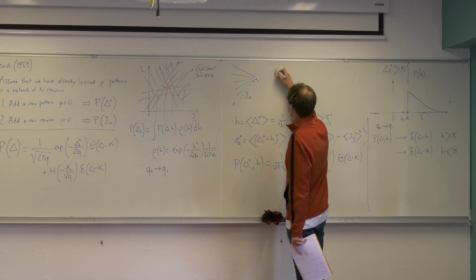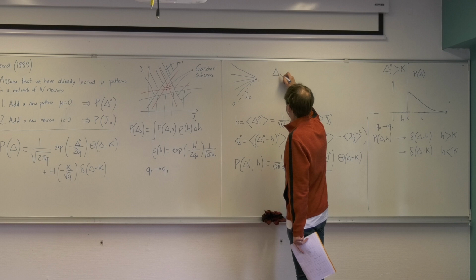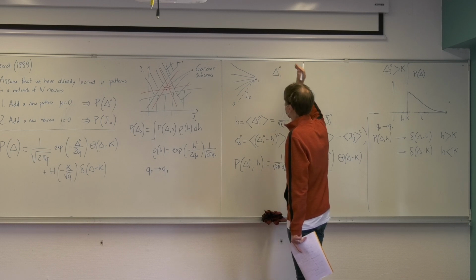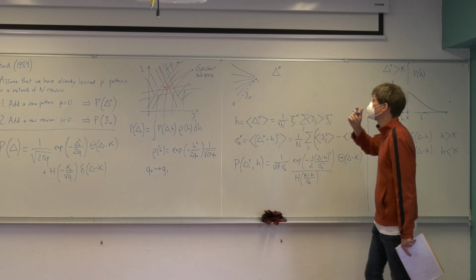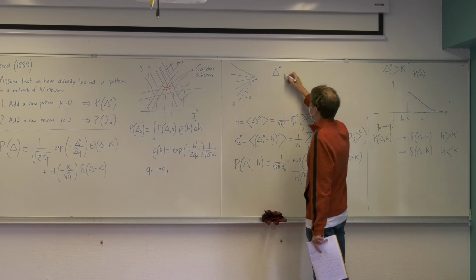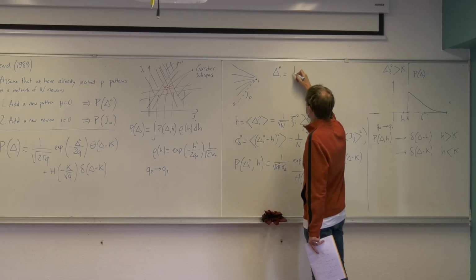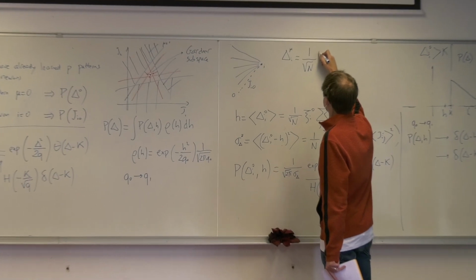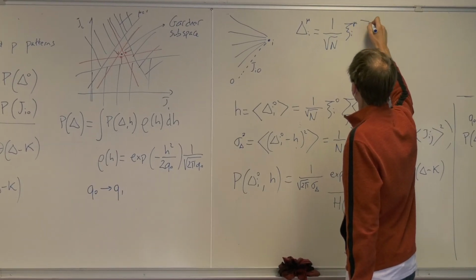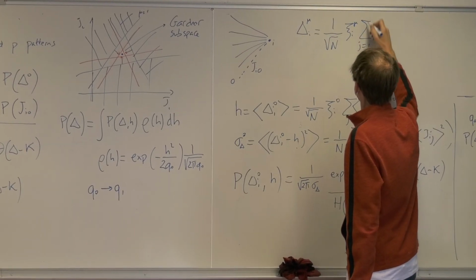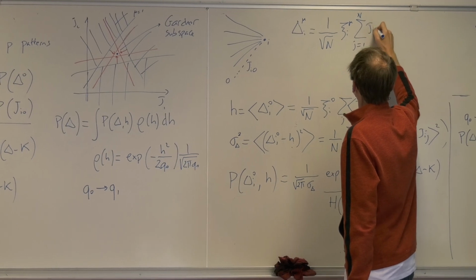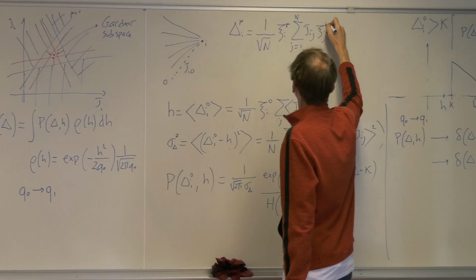So we'll have delta I mu. For all the patterns that have already been learned, we have psi I mu sum over j of Jij psi j mu.